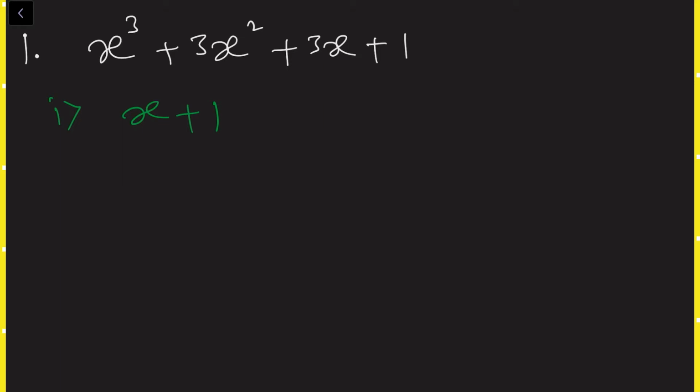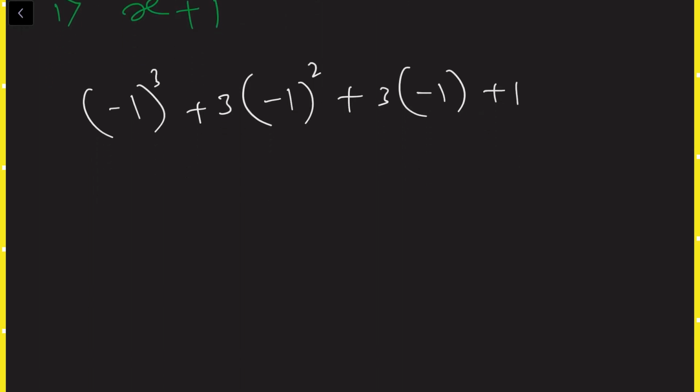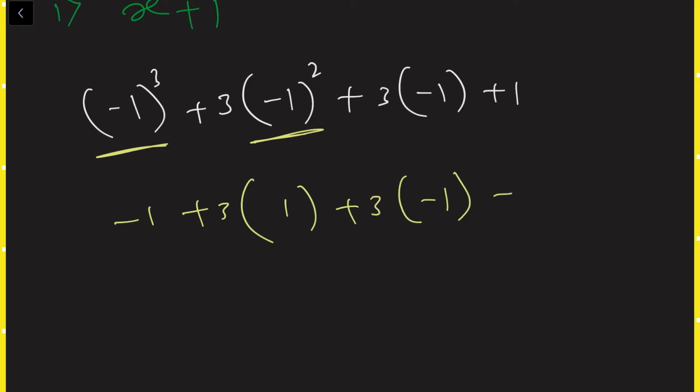So simply here plus 1 is there. Substitute minus 1 in the place of x. Minus 1 whole cube plus 3 into minus 1 whole square plus 3 into minus 1 plus 1.